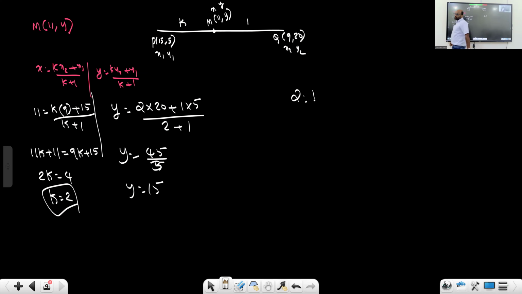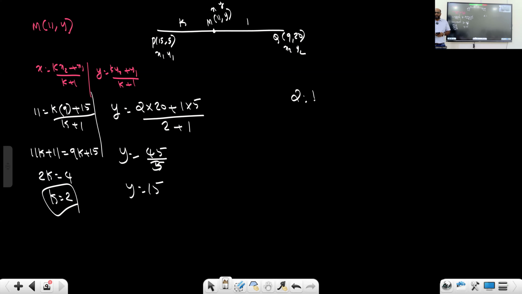K equal to 2 means 2 is to 1. And the value of Y equal to what? 15. I hope everyone understood. Now, giving the option, you people can ask me any doubt because we don't have that much time. Any question, if you want, you can ask me.